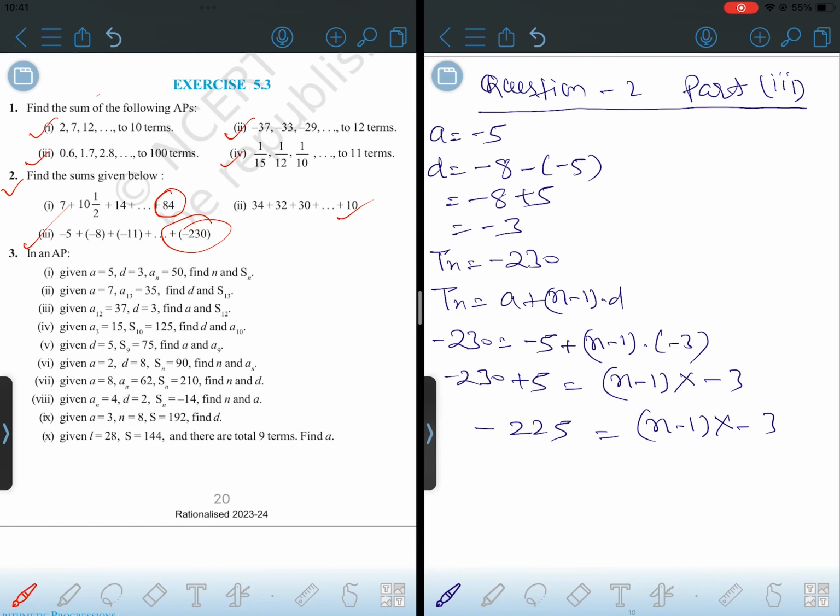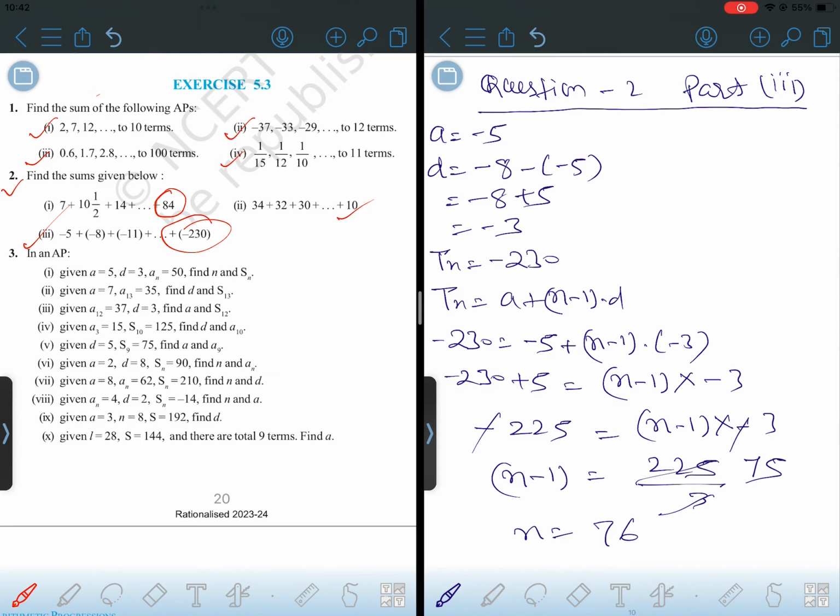So minus and minus cancel. So that gives us n minus 1 is equal to 225 upon 3. So that gives us 75. So n is equal to 76. So the value of n will be 76.